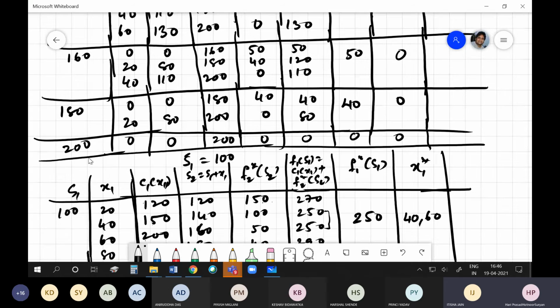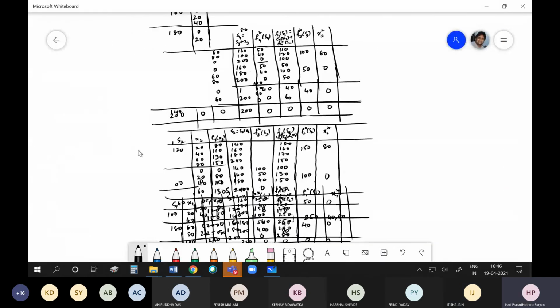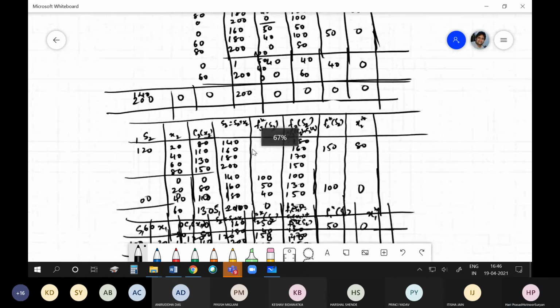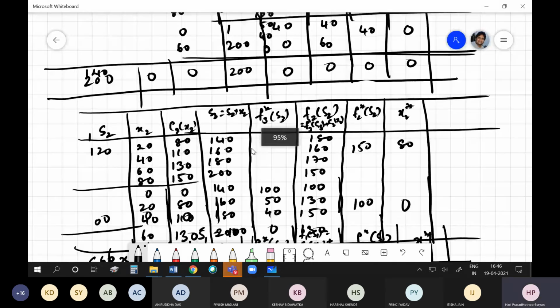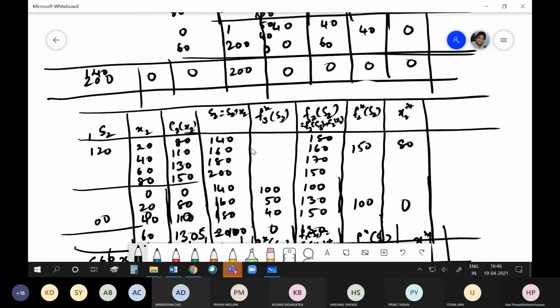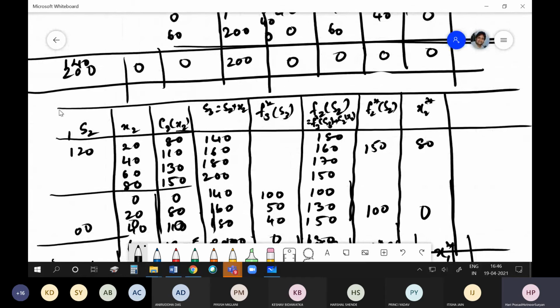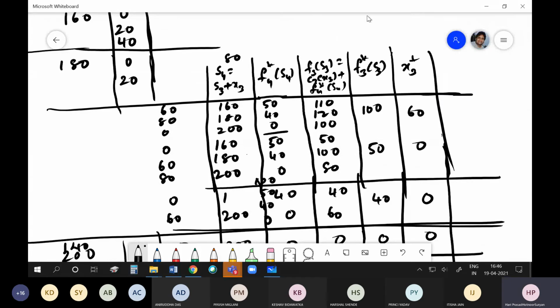Okay, sir, it has become messed up. What is S3 for 140? I just couldn't.